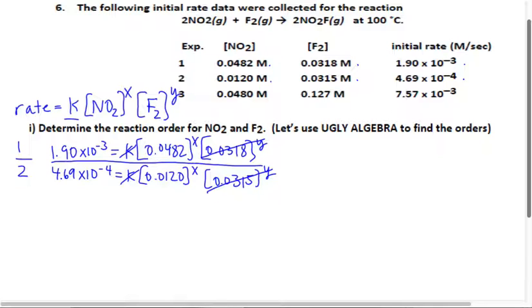So what we do now is we just divide 1.90 times 10 negative 3rd by 4.69 times 10 negative 4th, and tell me what you get. 4.05 is equal to, and what's 0.0482 divided by 0.0120?